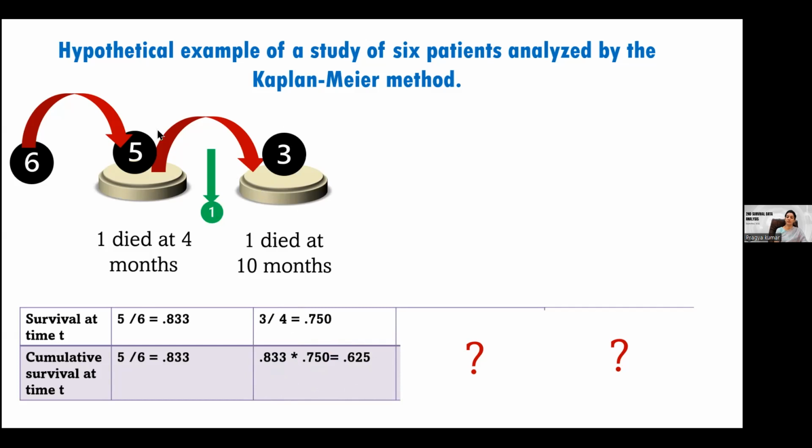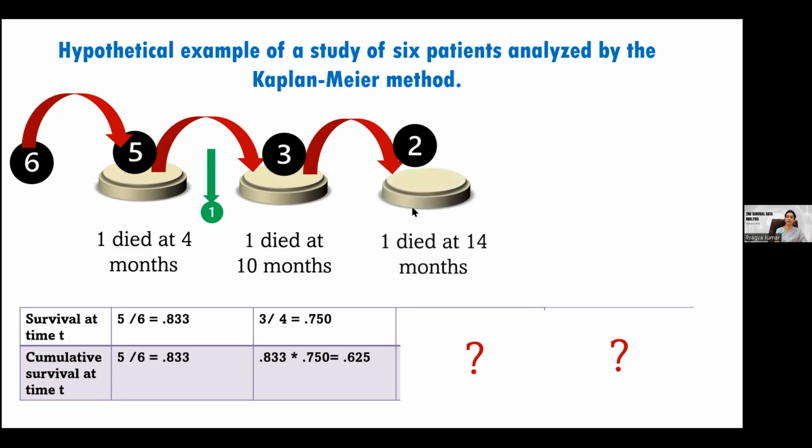You reduce 1 from the denominator because 1 person is lost to follow-up. So you do 3 by 4, which is 0.75. Remember, this is different from the life table, because in a life table you try to reduce half from the denominator. But here we deduct the complete one, because we exactly know the time when that person was lost to follow-up.